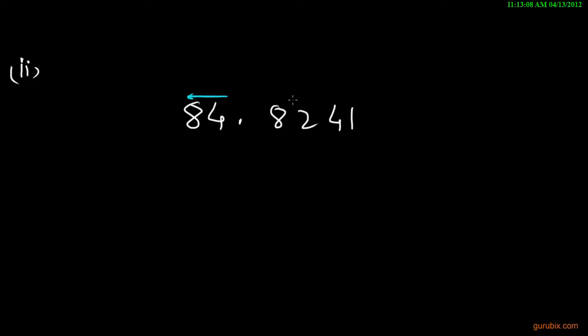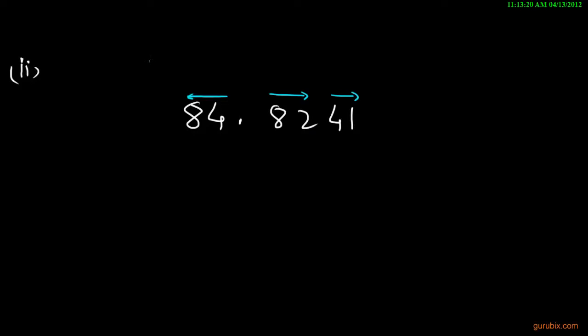In the second part we are given the number 84.8241, and now we shall place a bar over the pairs of digits, right to left in the whole part of the decimal number and left to right in the decimal part of the number.